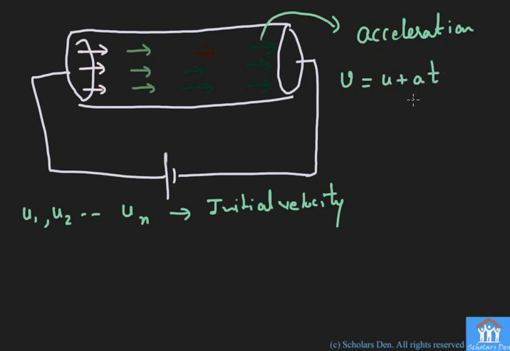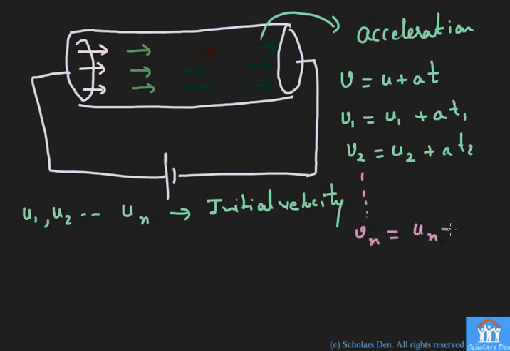Here they will move with constant acceleration, so I can write v1 is equal to u1 plus a t1, then v2 is equal to u2 plus a t2, and like this, vn is equal to un plus a tn.